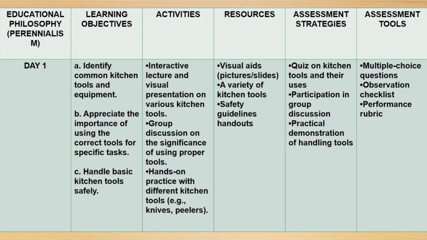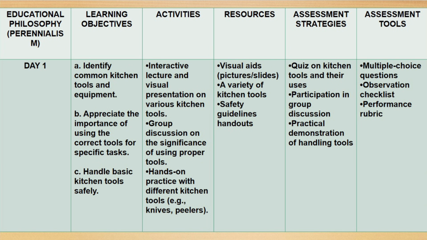So here, a checklist used by the instructors to observe and record student participation and engagement in a group discussion. These tools assess student appreciation of the importance of using the correct tools. So it was hit by our second objective, which is appreciate the importance of using correct tools for specific tasks.